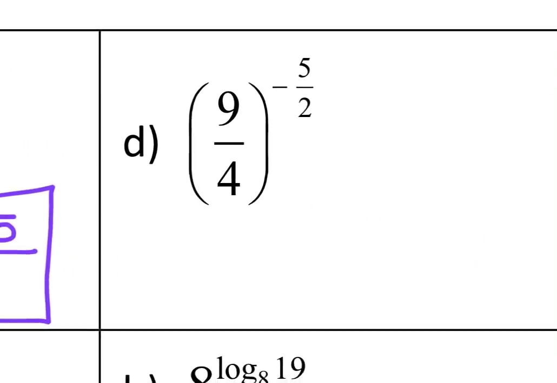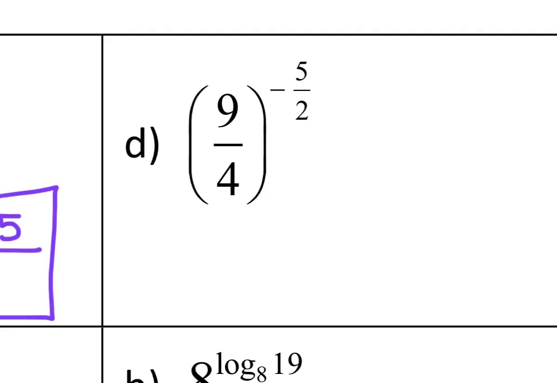And in part D, you've got all 3 things going on here. So notice that you have a negative exponent, you have a numerator, and you have a denominator. You can start with any one of those 3. You can do 9 to the 5th and 4 to the 5th and then take the square root and then flip the fraction, or you can take the square root first and then flip the fraction and then do the 5th power.